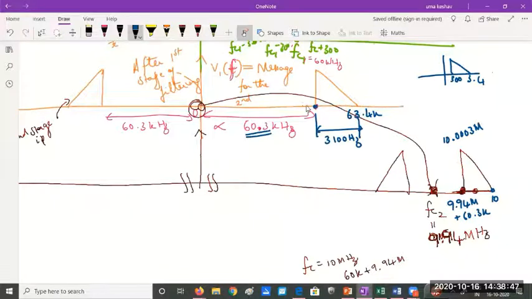So here, 60 plus 300 hertz is 60.3K, and 60 plus 3.4K is 63.4K. So this would be how much?